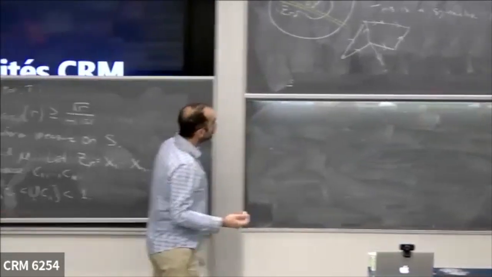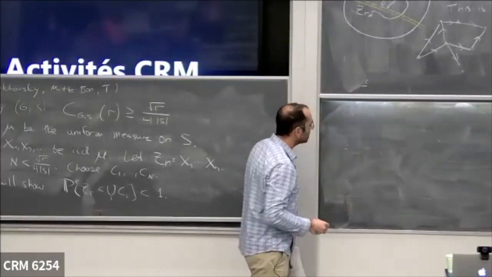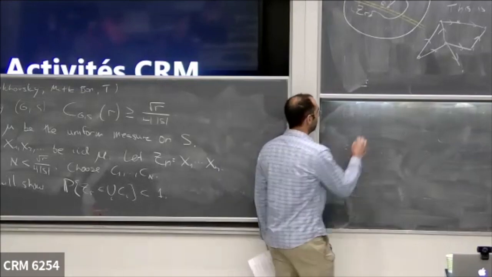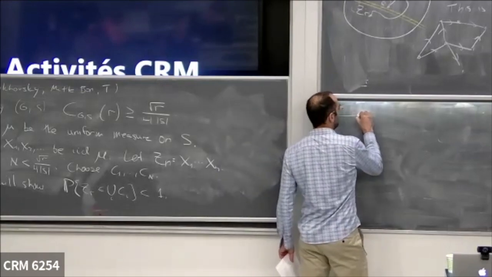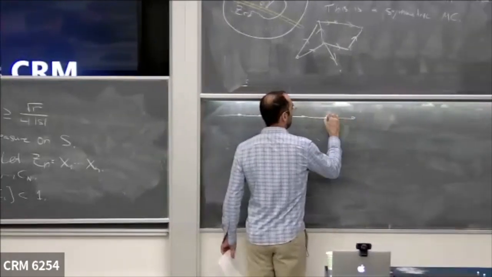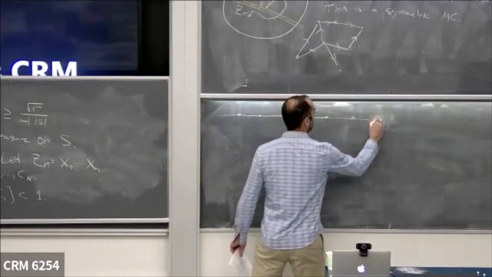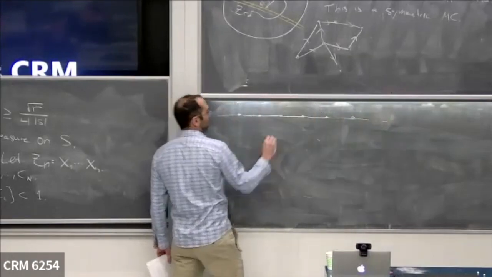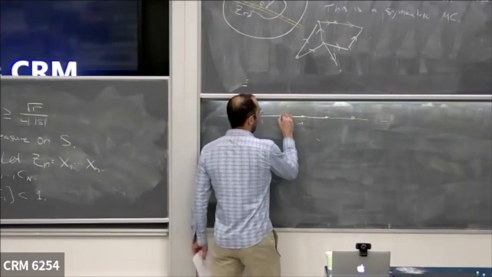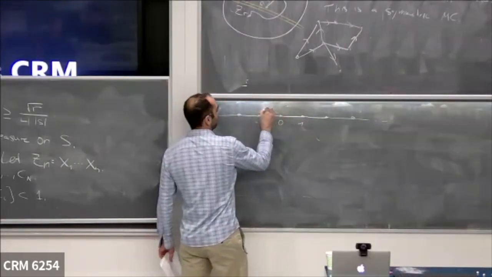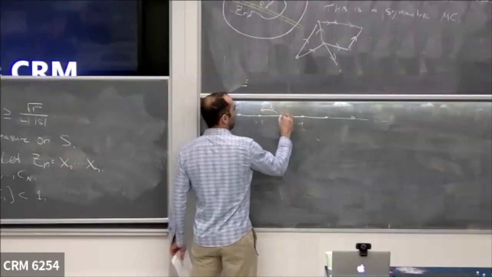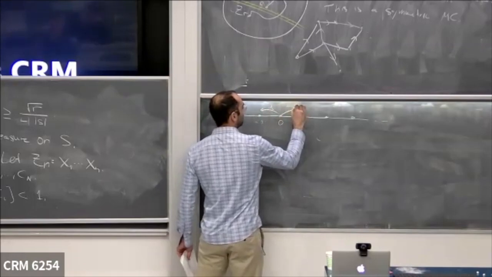Okay, so let's try to understand whether such a bound can even exist. Let's take a super simple Markov chain, which is just the simple random walk on Z. So the Markov chain is now going to start at 0 and just go with probability 1/2 to the left and with probability 1/2 to the right.